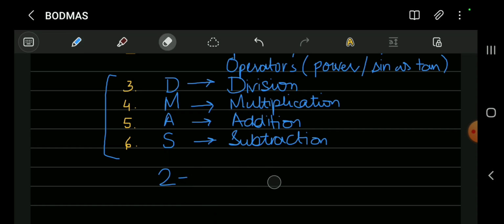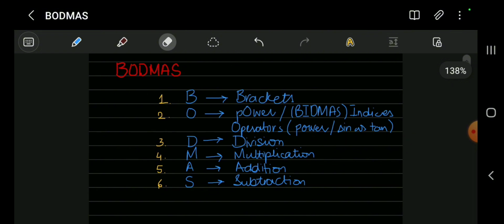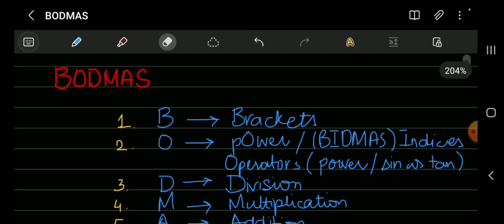So, telling you again about BODMAS. The BODMAS rule tells us about the hierarchy of operations. I should write this also as a definition. It tells you about the hierarchy or order of operations.